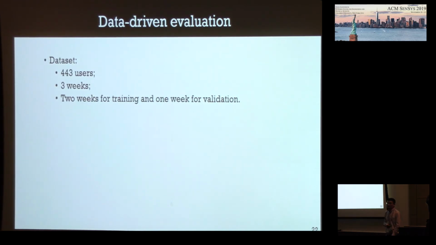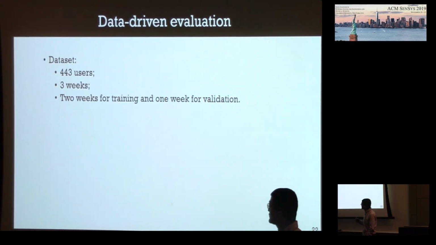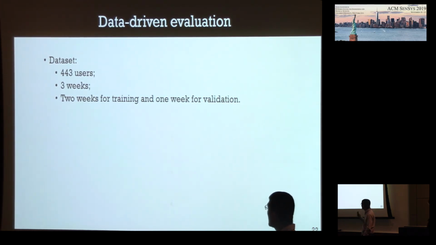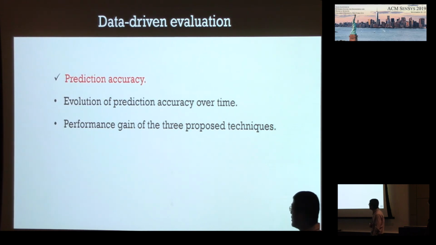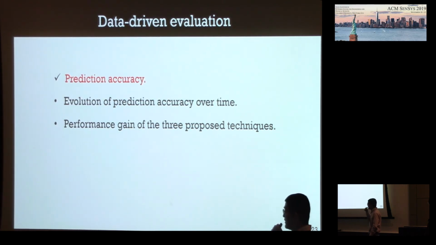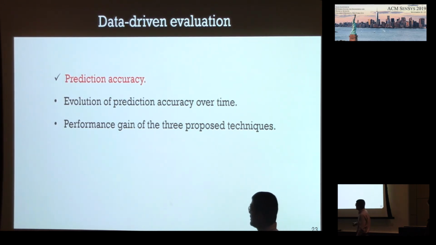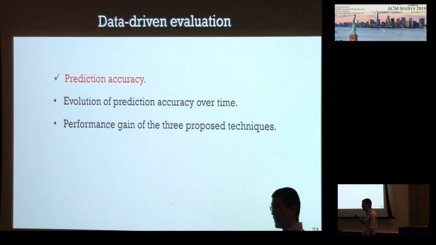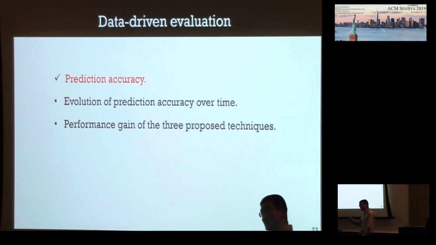Okay, so now we have developed the system. We evaluate the system with our sensor data. We use 2 weeks of data for the training and 1 week for the validation. We have done a set of experiments to evaluate the prediction accuracy. We also evaluate the evolution of the prediction accuracy of our system because we update the personalized agent gradually.